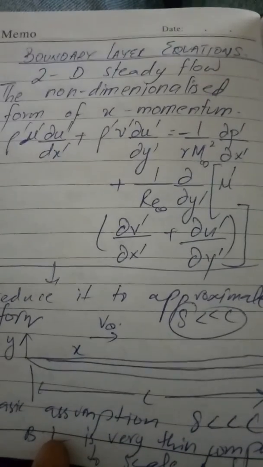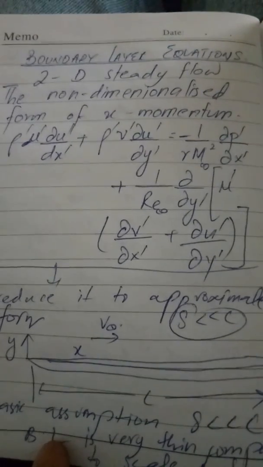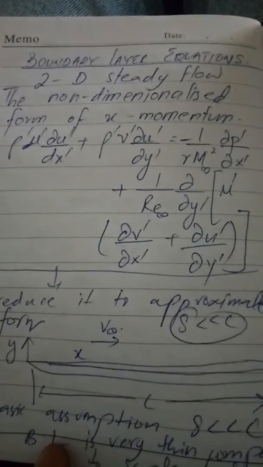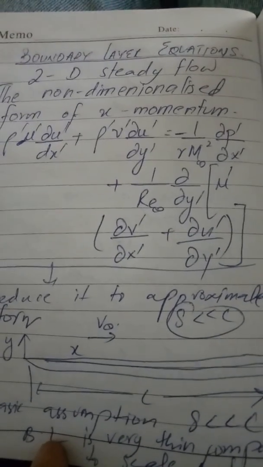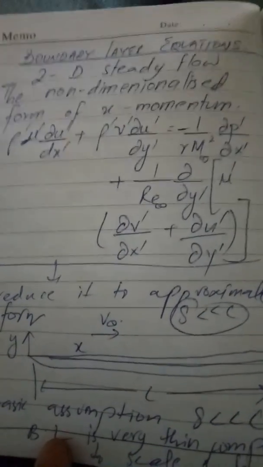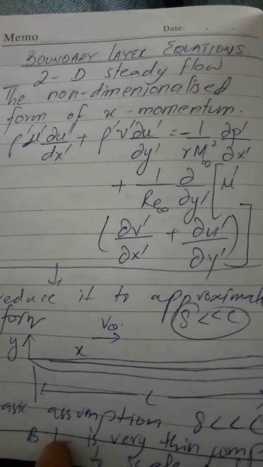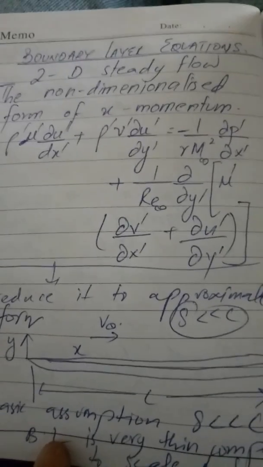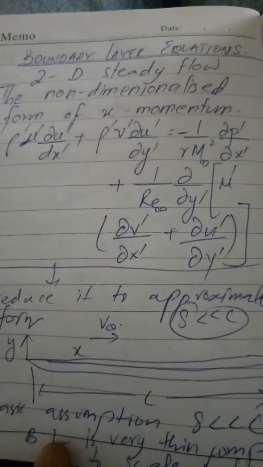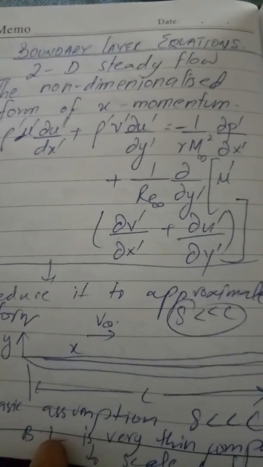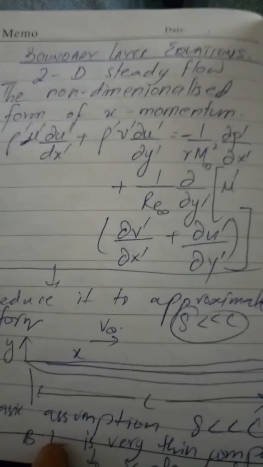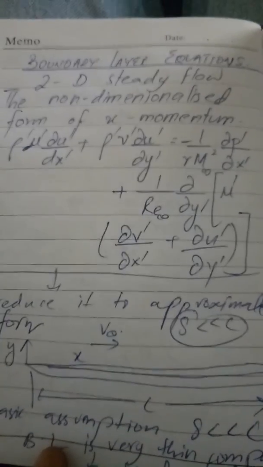I have worked out the theory along with the equations in the notes, so I'll just explain it so that we can draw a conclusion about how we can handle boundary layer equations and how we can solve them when there is any problem related to them from any book, from any course, or especially related to aerodynamics.